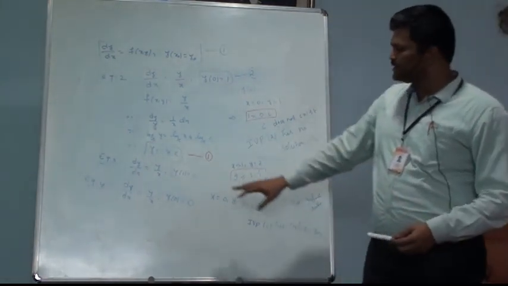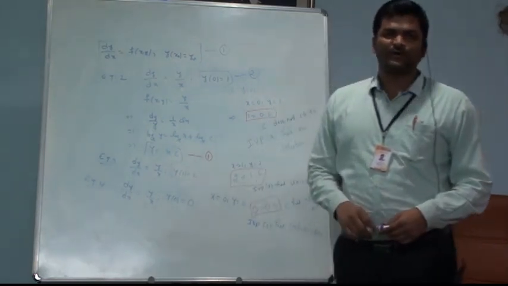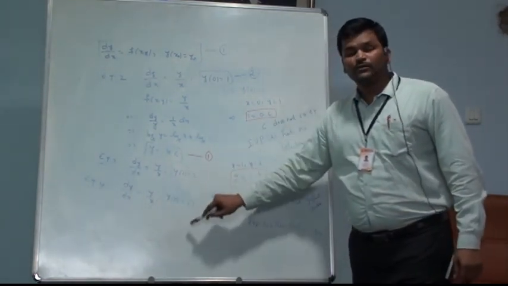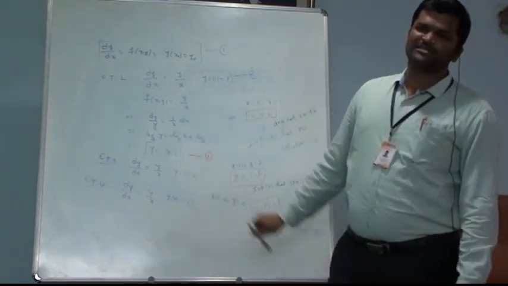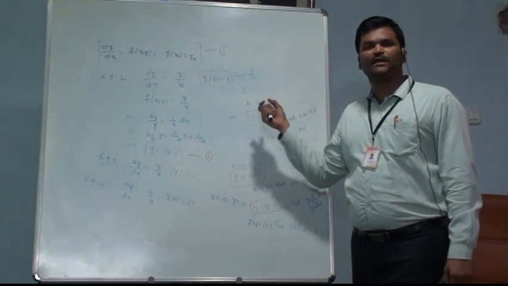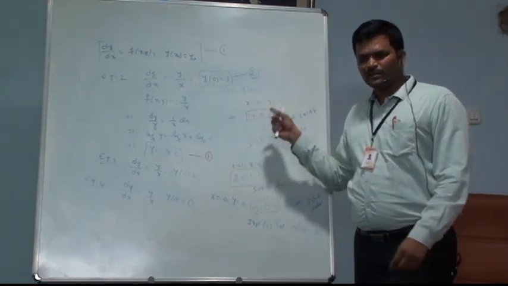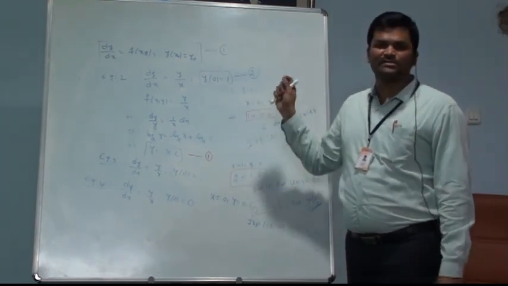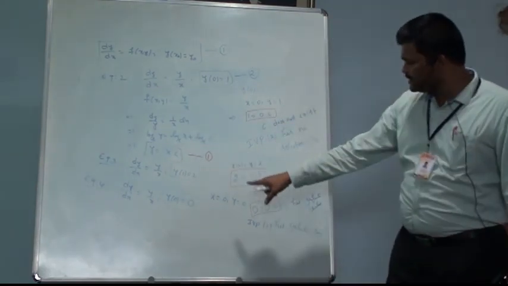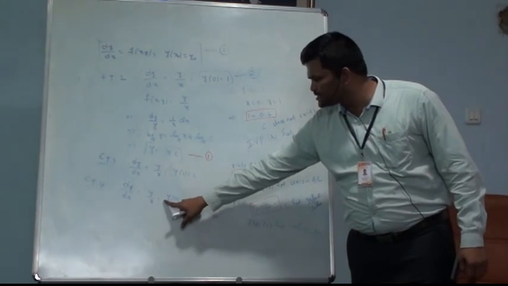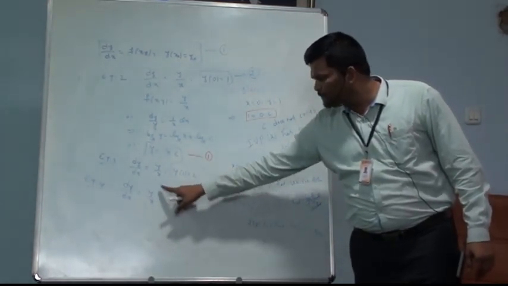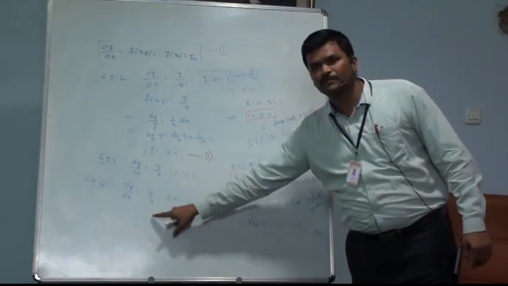The interesting thing in example 4 is that in the existence and uniqueness theorem, the condition we learned is called the Lipschitz condition. That Lipschitz condition is sufficient but not necessary, because in this example the initial condition is y of 0. When you take x is equal to 0, the function is not defined.